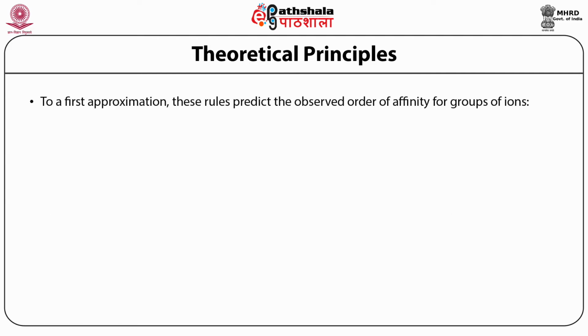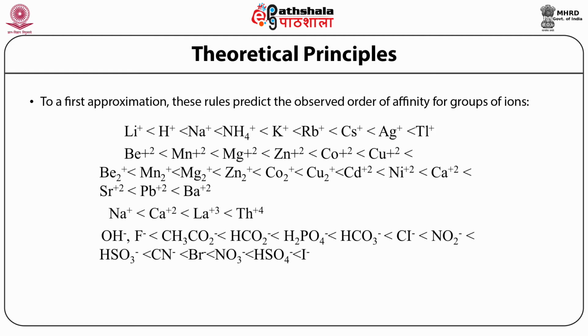To a first approximation, these rules predict the observed order of affinity for groups of ions as shown in the following scheme. From lithium we start, and it goes on increasing through proton, sodium, ammonium, and reaches a maximum at barium 2+ in the first series, and similarly in the second series.